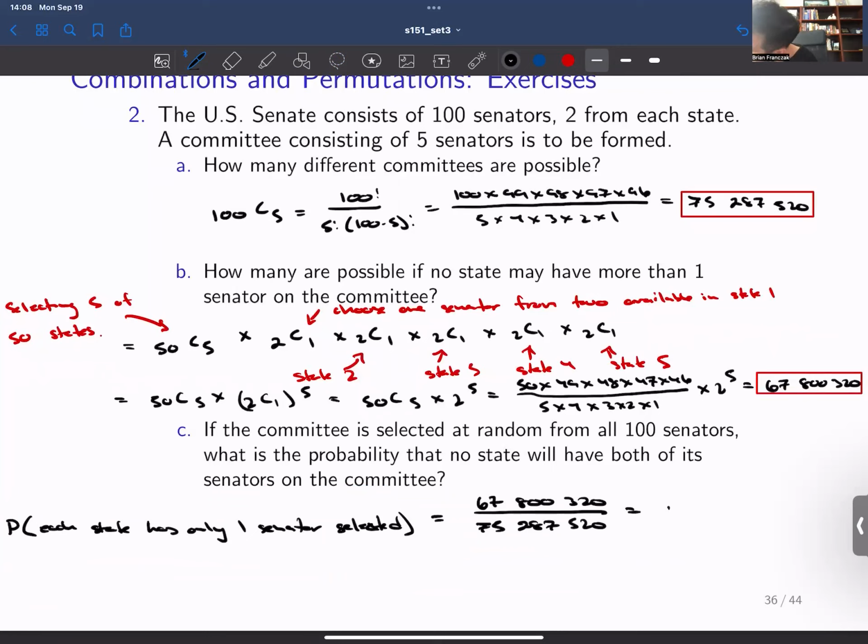Okay, and that's going to be 0.901. Okay, so 90.1% chance each state has only one senator selected.